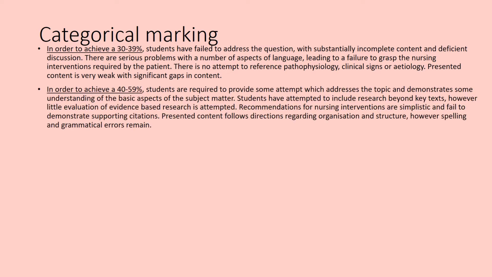So in order to achieve a pass, so 40 to 59, students are required to attempt some basic information which addresses the topic and demonstrates some understanding of basic aspects of the subject matter. We would expect you to provide some recommendations for nursing interventions, but these might be simplistic in nature and don't really show much indication of research or wider reading, and there is limited use of citations.